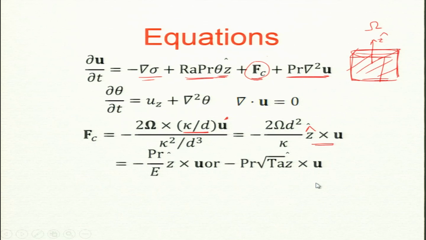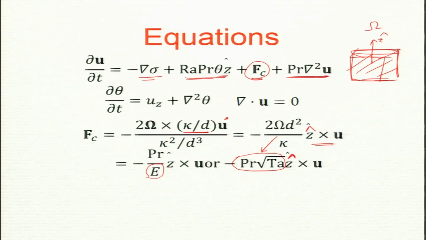But before I go on, I just want to define one non-dimensional number. This object in front is Prandtl times square root Taylor number. Ta is called the Taylor number, or if I use another definition, this is called the Ekman number.